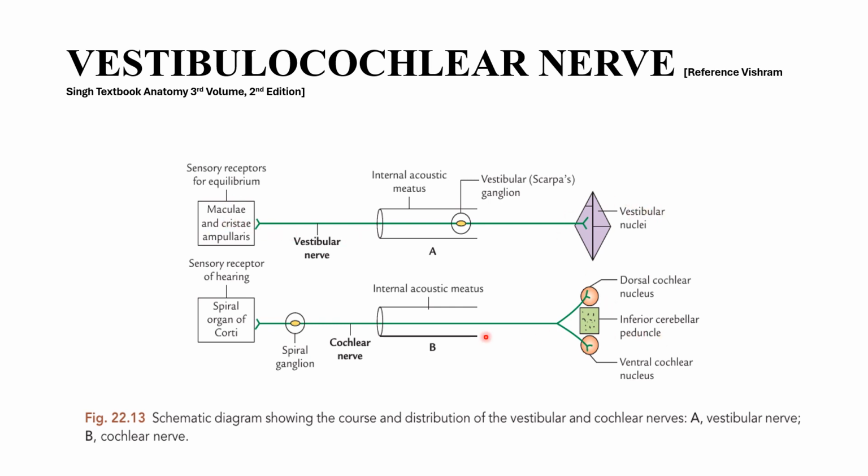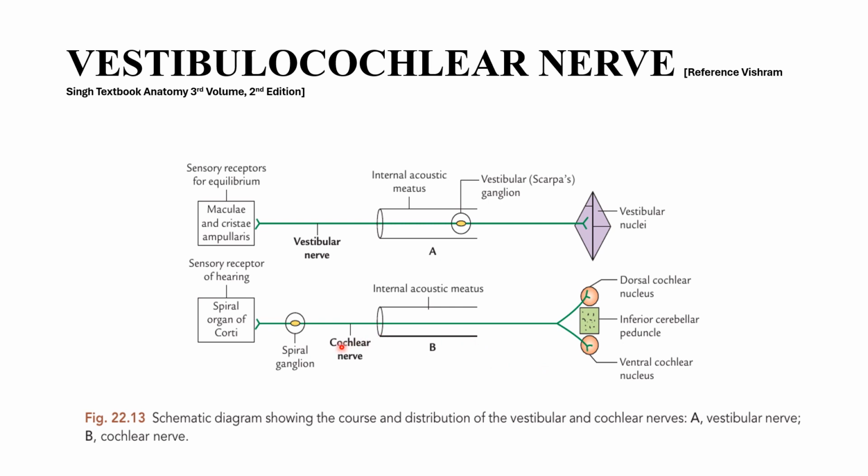Now let's see the pathway of the cochlear nerve. The cochlear nerve fibers arise where? They arise at the lateral aspect of the pontomedullary junction, and then pass through the cerebello-pontine angle, or pontocerebellar angle, then they come to the internal acoustic meatus.